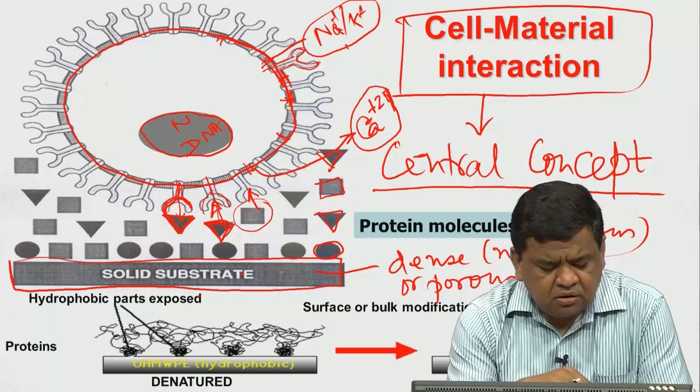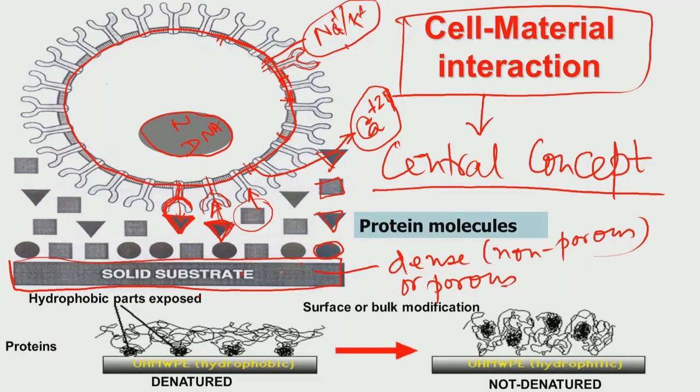depending on the surface wettability characteristics or the surface properties, can get denatured. Denaturing means essentially that protein molecules would not express their desired function, and will not be in a simple coil form, but are trying to straighten up and so on.